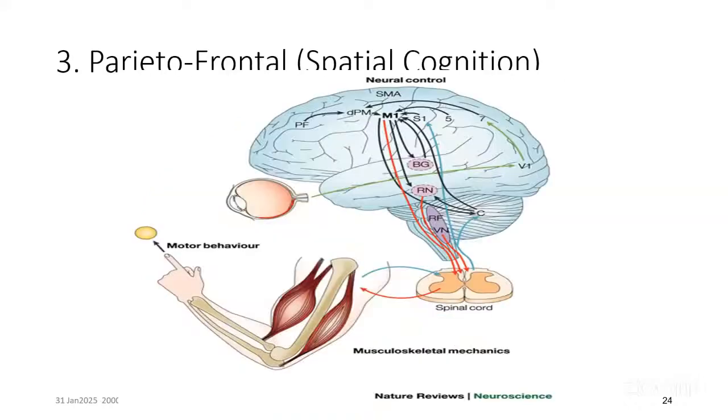Parieto-frontal spatial network, which I was telling you, from the motor area it comes down to basal ganglia, red nucleus, and it goes to spinal cord. And the maintenance of the tone, the motor function, the pyramidal tract functions are because of the parieto-frontal network.